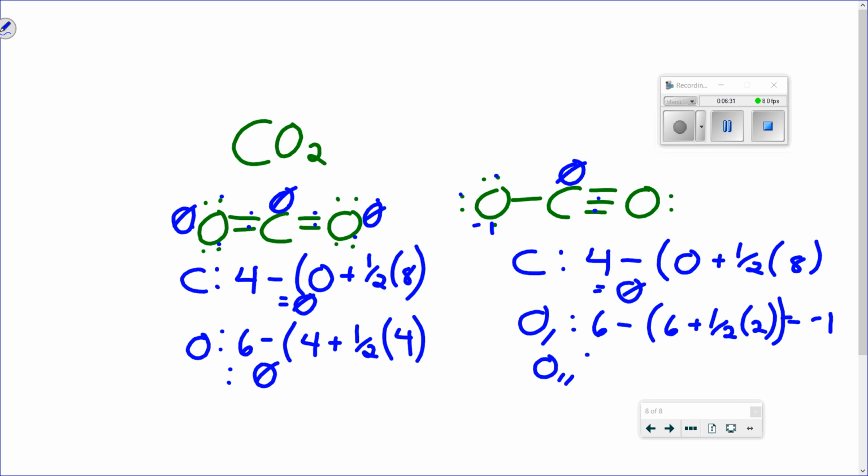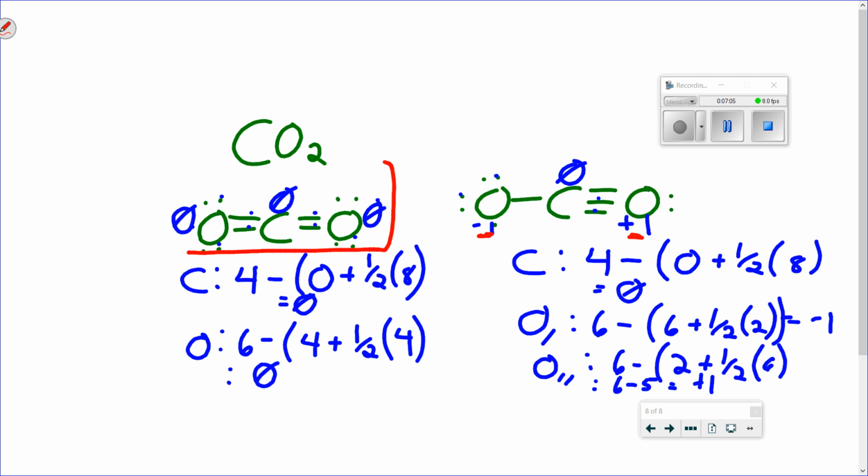So the oxygen that's double bonded is going to come in with 6 minus, and then I've got 2 unbonded electrons plus 1/2 of 6. So that's going to give me a total of 6 minus 5, which is a +1. So, yeah, it is a valid Lewis structure, absolutely, but it's not as valid as the first one because the charges have to force each other to balance each other out.